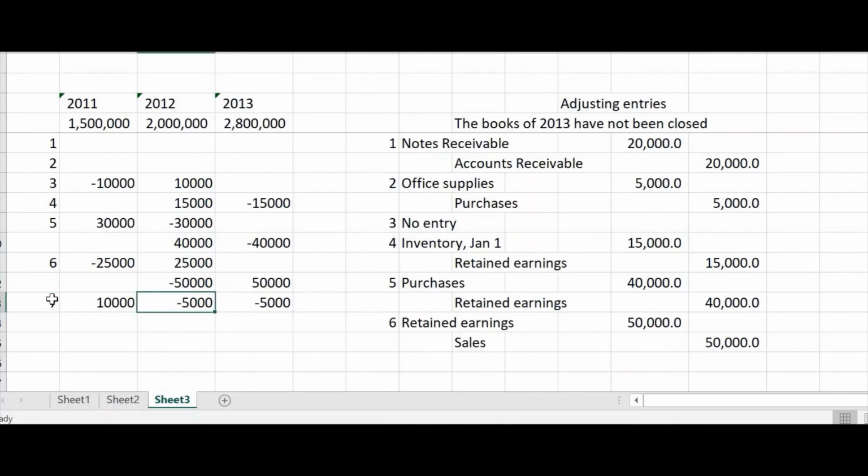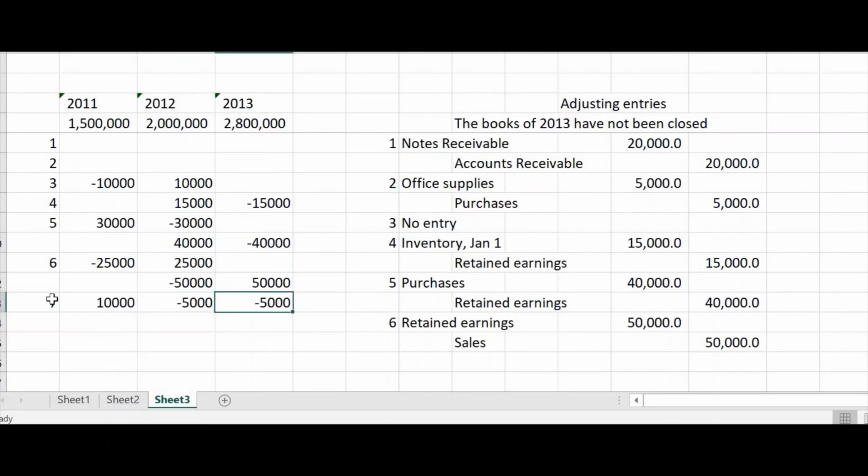Yung adjusting entry nito, ang net effect sa retained earnings mo for 2012 is 5,000 na understatement.